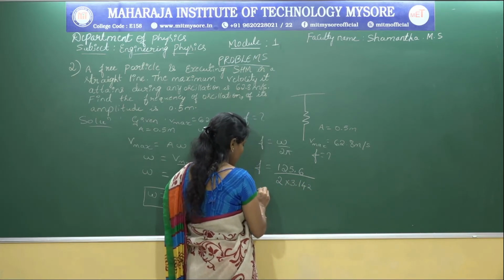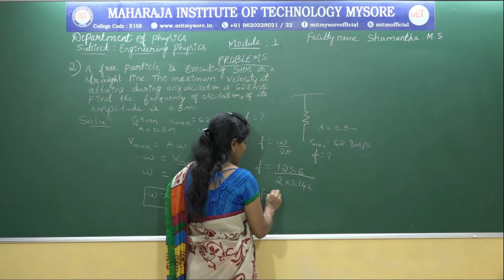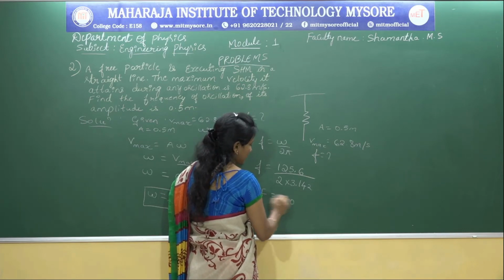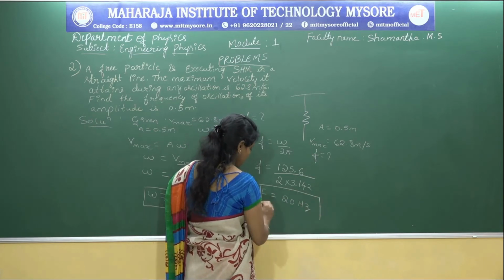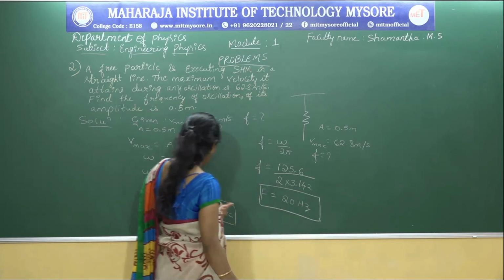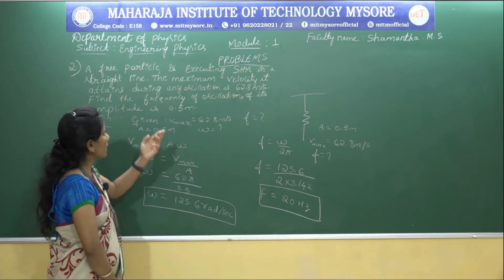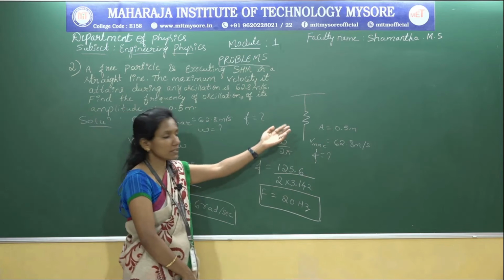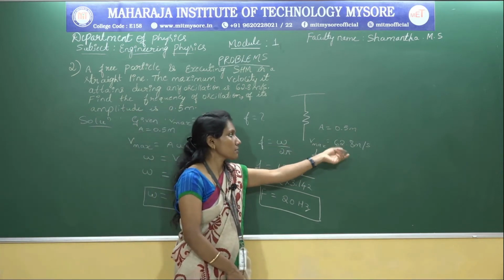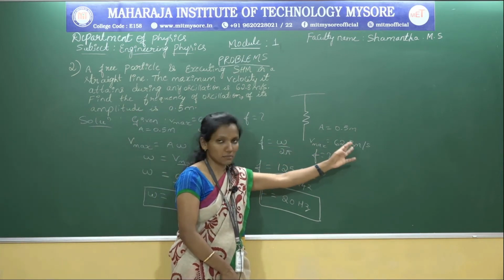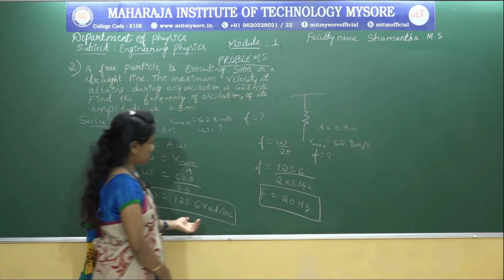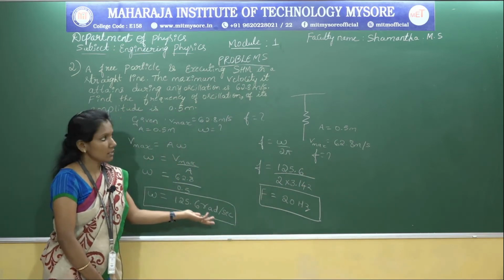Then the frequency we get is F equal to 20 hertz. What is the unit for frequency? Hertz. So this is the angular frequency and frequency for the particle executing SHM with the maximum velocity of 62.8 meter per second.